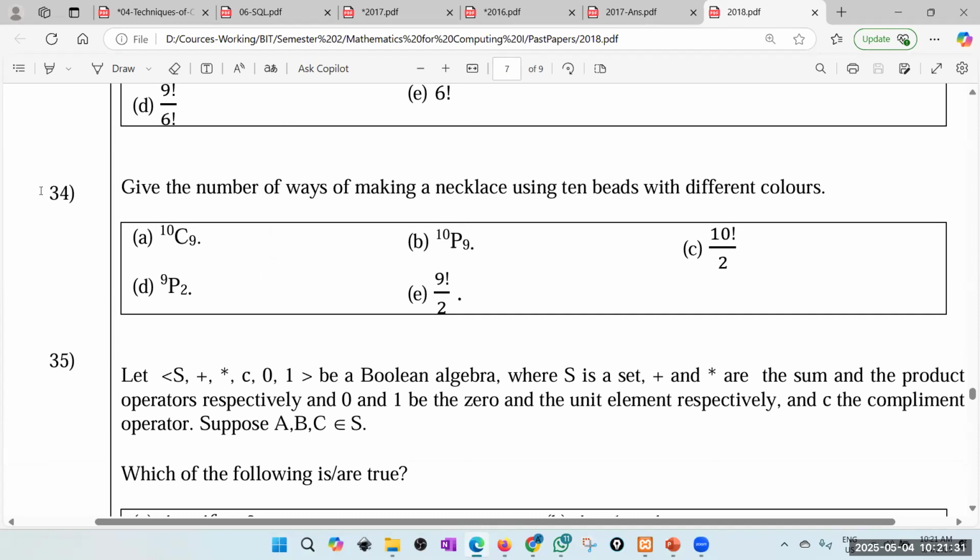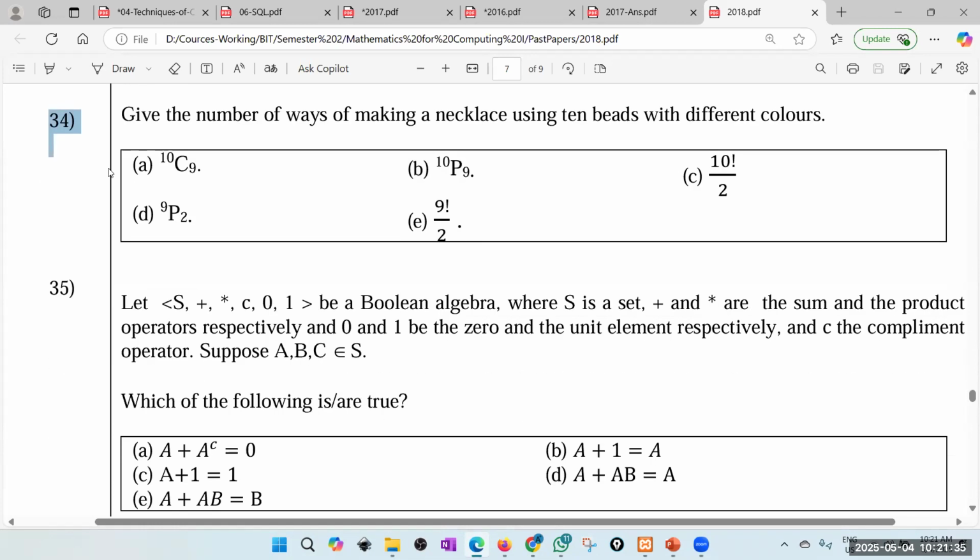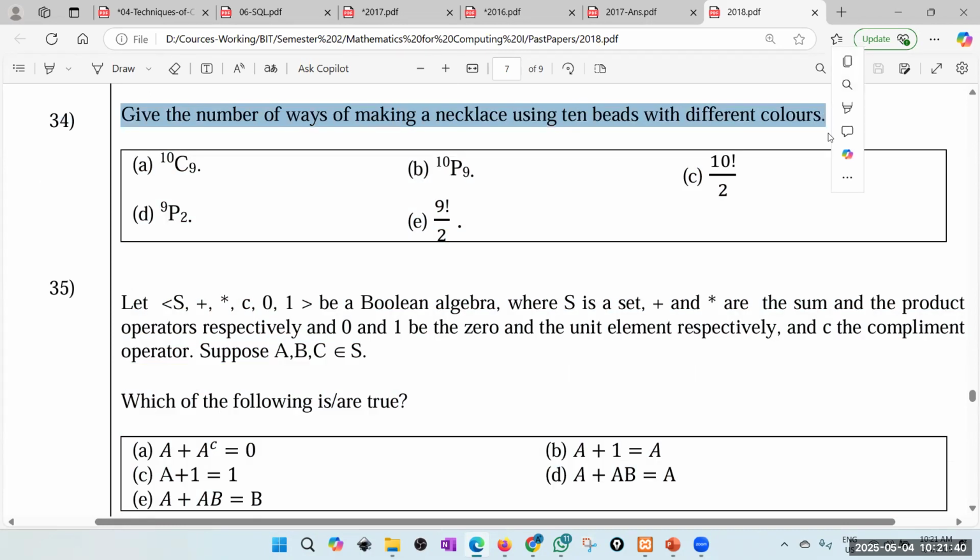Right, so this should be an easier question. It looks easy. Just do it. Give the number of ways of making a necklace using 10 beads with different colors. You can assume that those 10 beads are of 10 different colors because it says different colors.